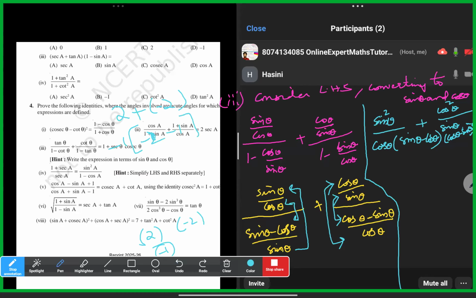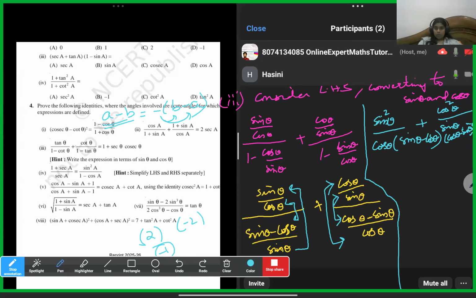If you multiply anything with minus, for example, a minus b, I can write it as minus of b minus a. If you want, you can multiply it and check. If I open this bracket, minus b, minus of minus a is plus a, so a minus b.